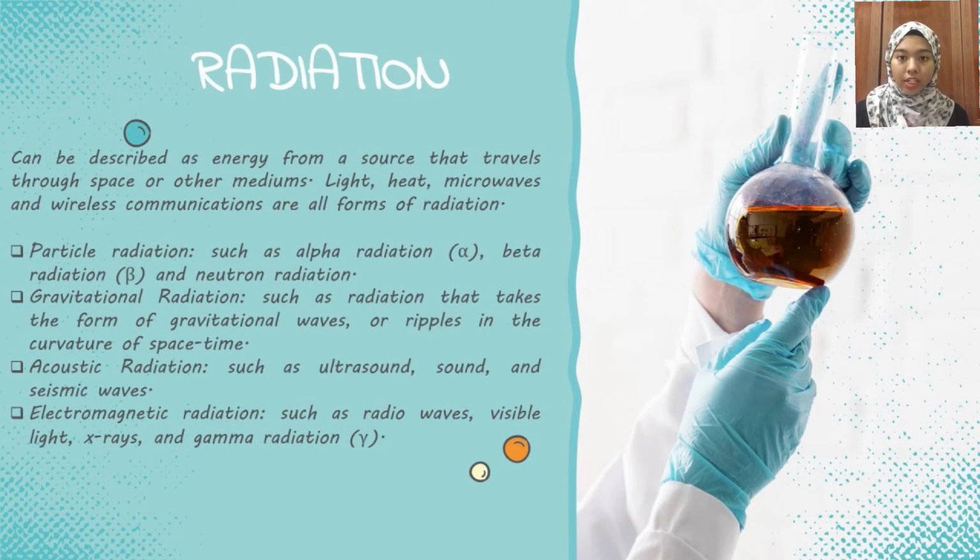Second, gravitational radiation, such as radiation that takes the form of gravitational waves or ripples in the curvature of space-time. Next, acoustic radiation, such as ultrasound, sound, and seismic waves. Lastly, electromagnetic radiation, such as radio waves, visible light, X-rays, and gamma radiation.